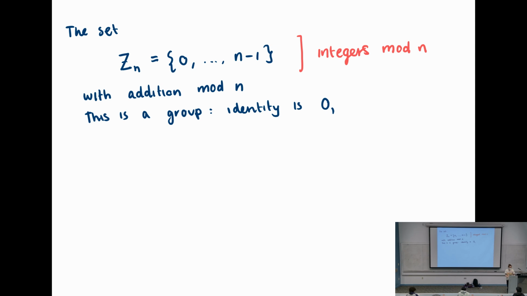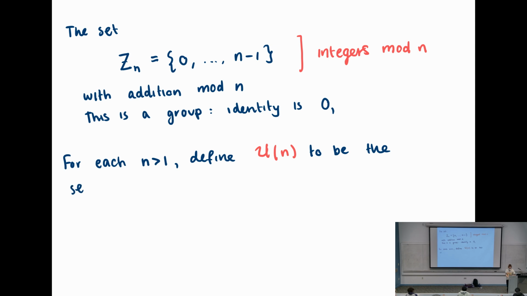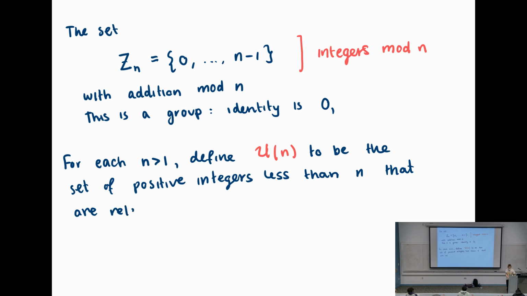So our last example of a group is for each n greater than 1, we're going to define U of n to be the set of positive integers less than n that are relatively prime to n. And then this is a group with multiplication.